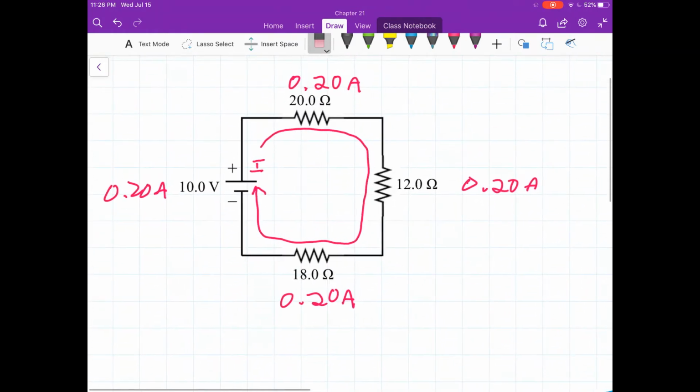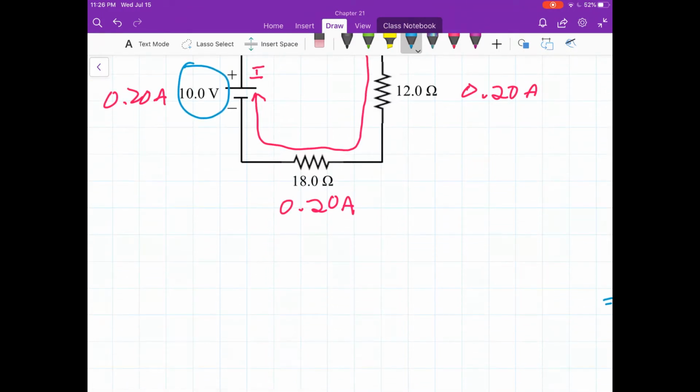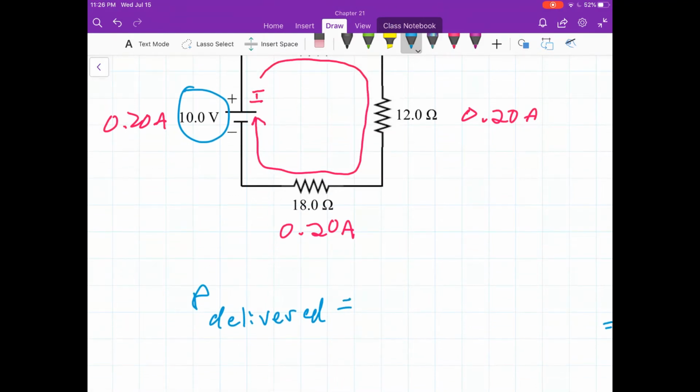The first thing I like to do is consider this supply right here. That power supply delivers power to the circuit. I like to call that power delivered to the circuit. For that, I like to simply say, what's the current?